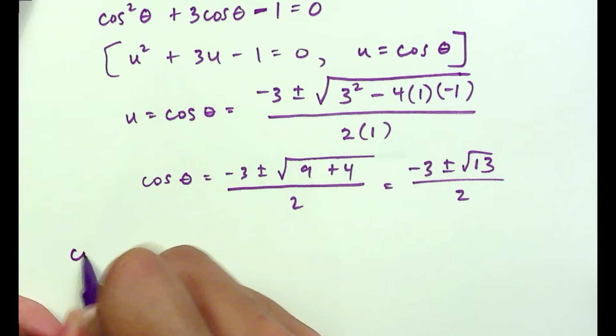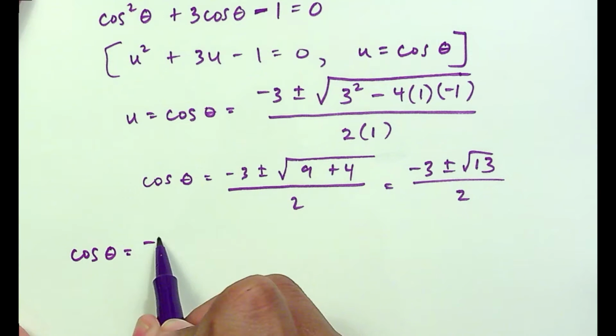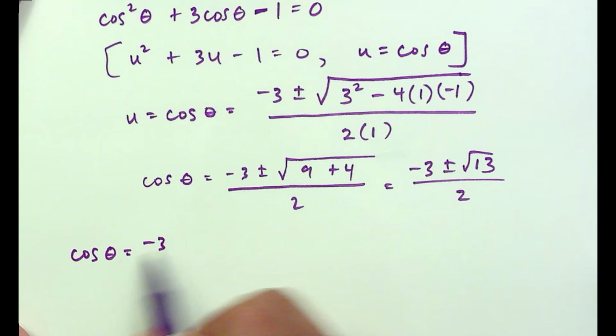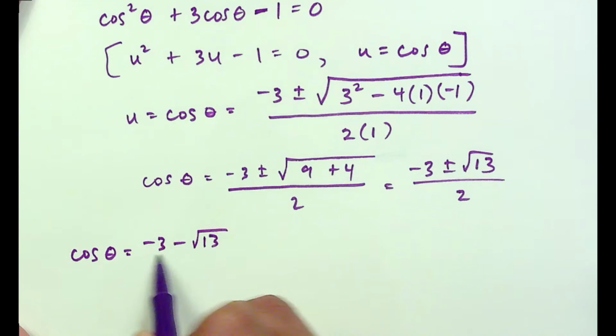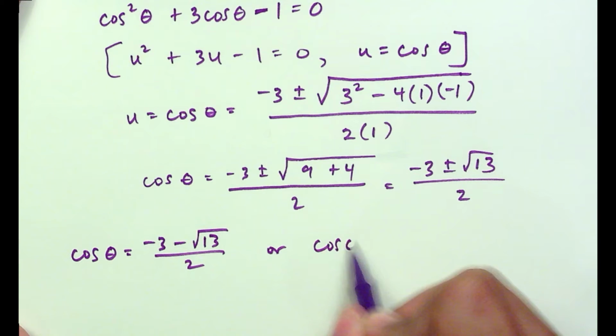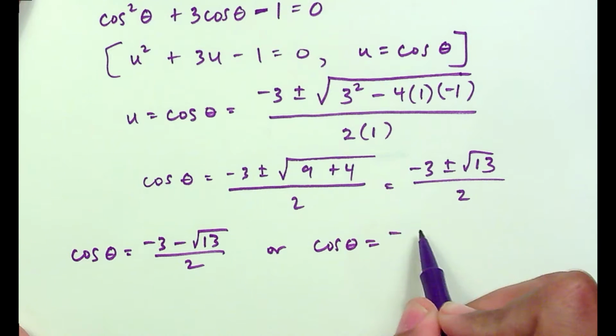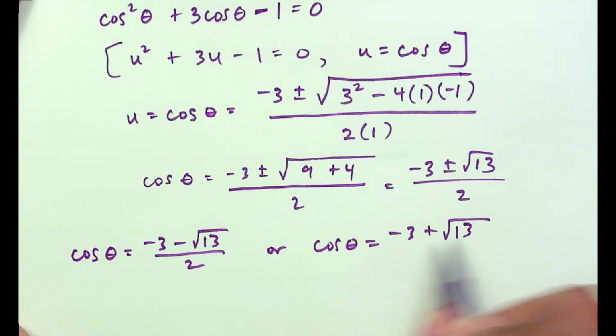So first possibility is the cosine of theta could be negative 3 minus the square root of 13 over 2, and then the positive is the other possibility. So cosine of theta could be negative 3 plus the square root of 13 over 2.